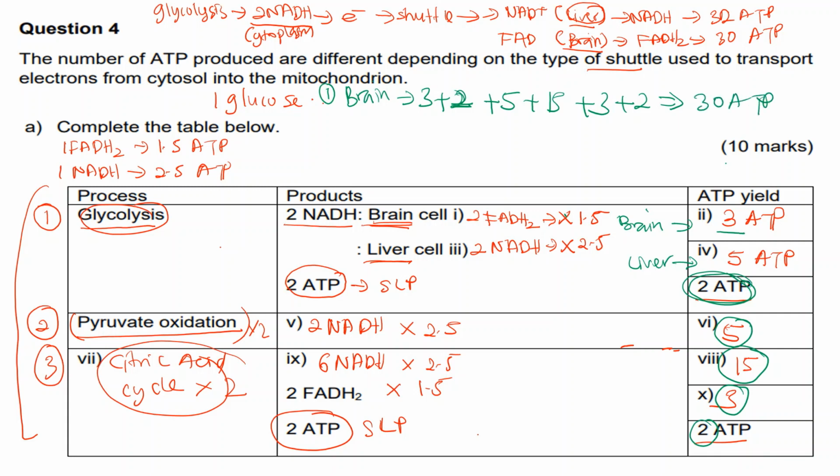For the liver cell, which is the purple color here, you start adding the number of ATP.